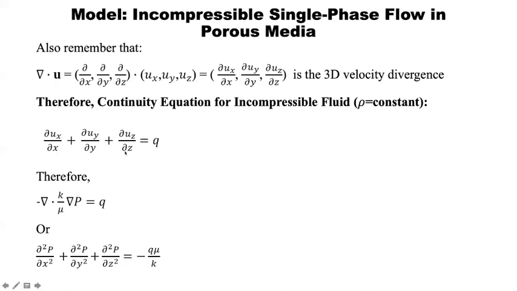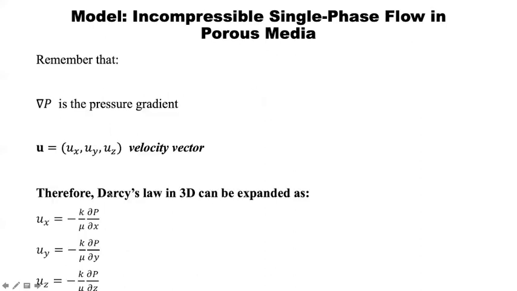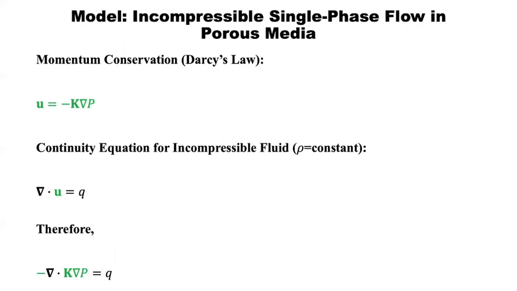If we simplify our problem into a 1D problem, we'll see some examples, we'll drop this one, and this one will have only one component, all right?